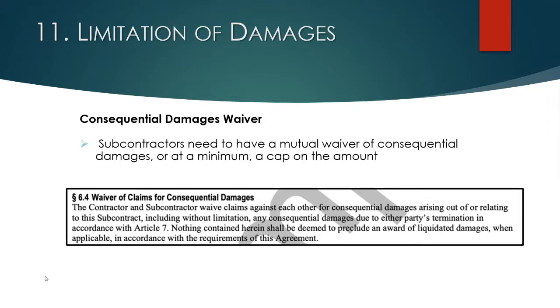So as a subcontractor, I wouldn't say every time, but 99% of the time, you're better off having a mutual consequential damages waiver than allowing this potential exposure in your subcontract.